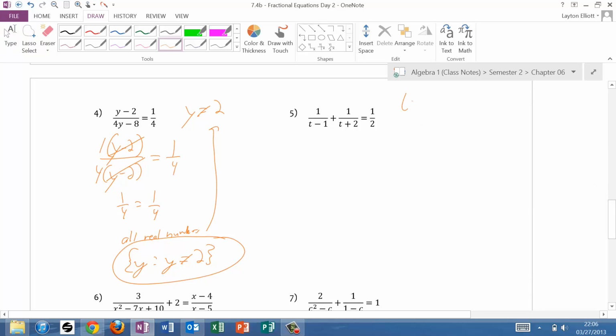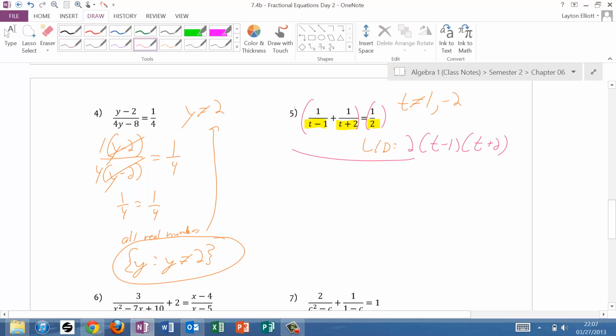In number 5, I know t cannot be equal to 1 or negative 2, based on the denominator restrictions. So what I end up with is an LCD. Remember, we're going to look at all three parts here, t minus 1, t plus 2, and 2. So my LCD should include each of those: 2, t minus 1, t plus 2. Take that LCD and multiply it by each part.